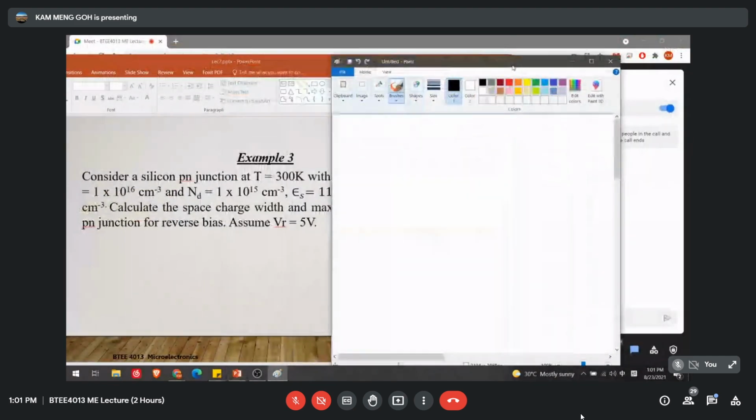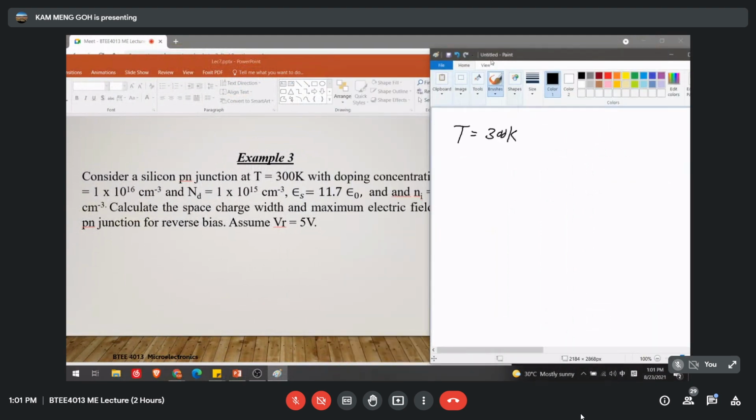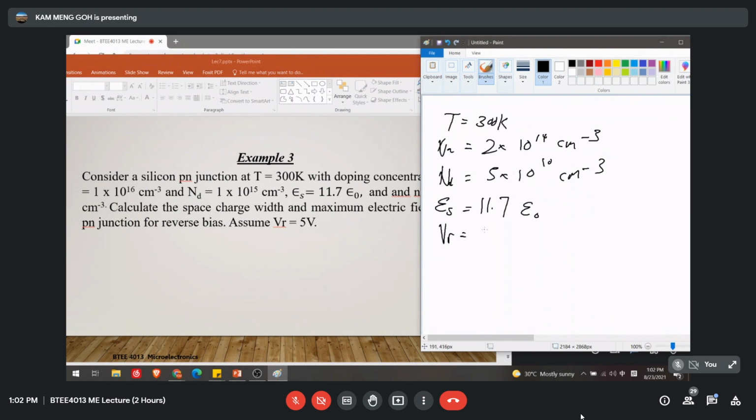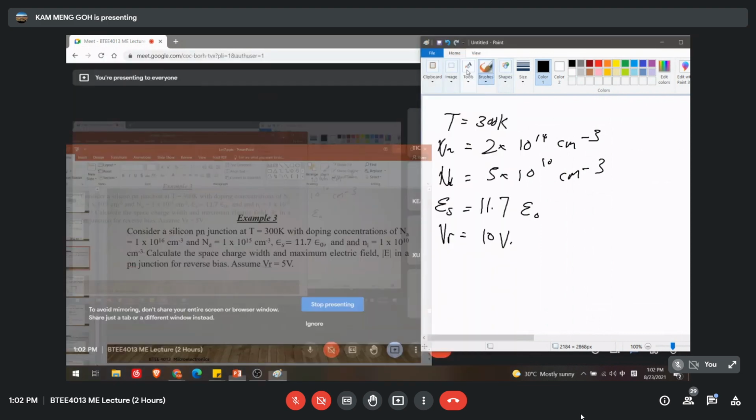Let's say you have silicon at T equals 300 K, and your doping NA is 2 times 10 to the power 14 cm^-3, and ND is 5 times 10 to the power of 10 cm^-3. Epsilon s is 11.7 epsilon zero. Then with VR, let's say it's 10 V. The ni, you try to use the one listed in the table.